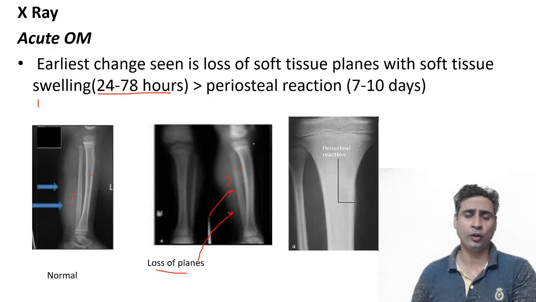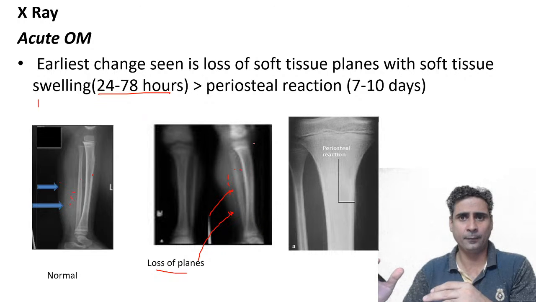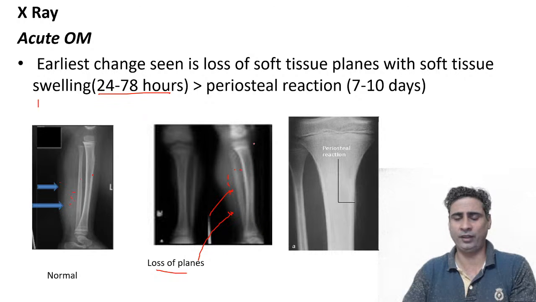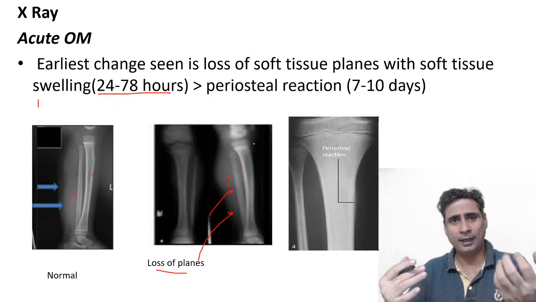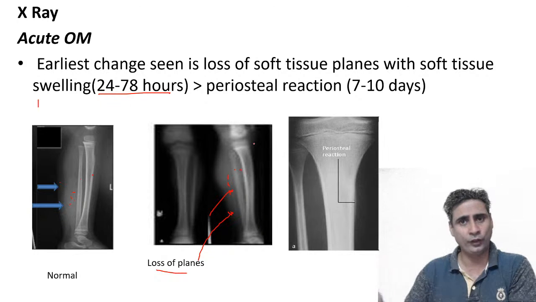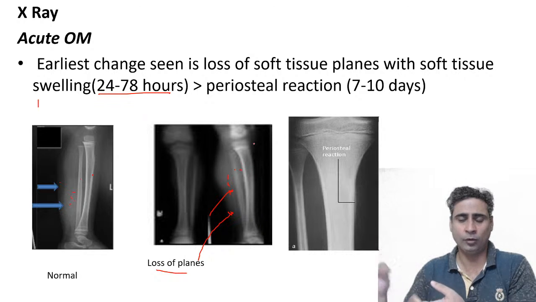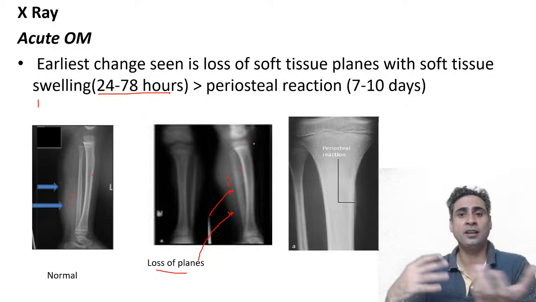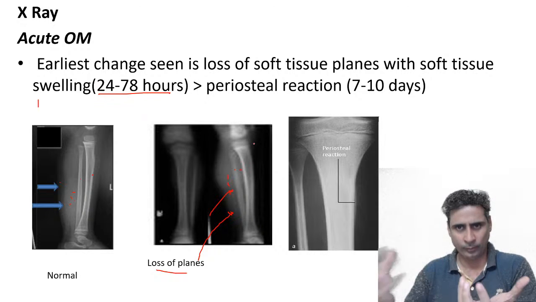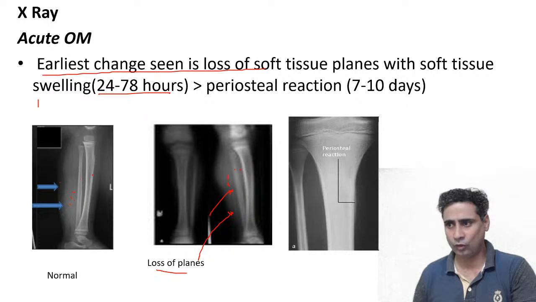Though this is the earliest X-ray finding, it is not specific for osteomyelitis, because loss of soft tissue planes will also be seen in soft tissue infection, where there will be inflammation and pus formation in soft tissue, or in trauma to soft tissue where there will be hematoma. So though this is the earliest change on X-ray, it is not specific.